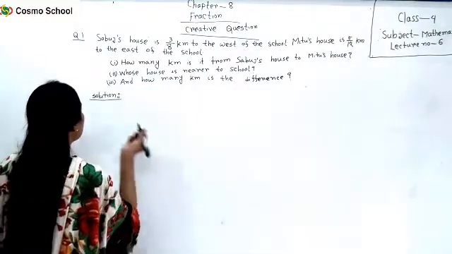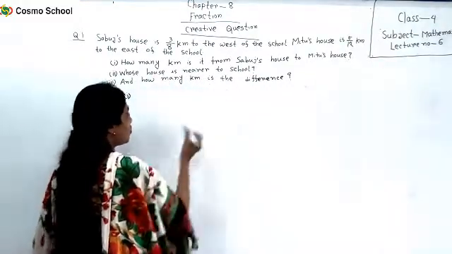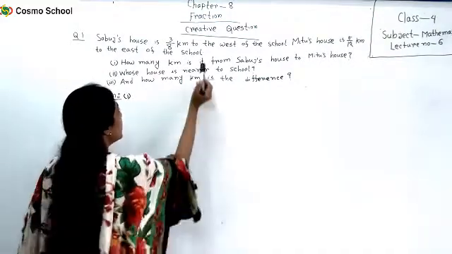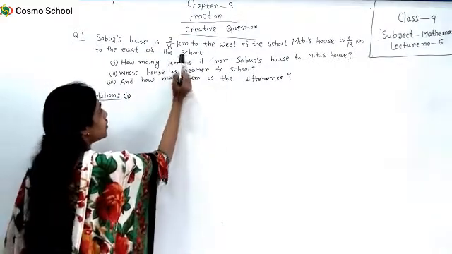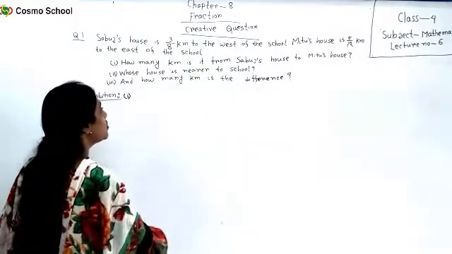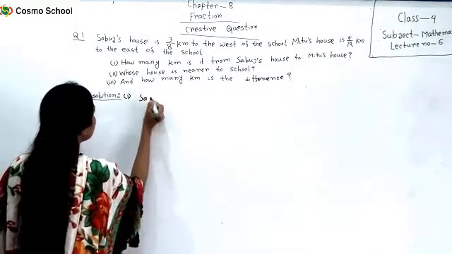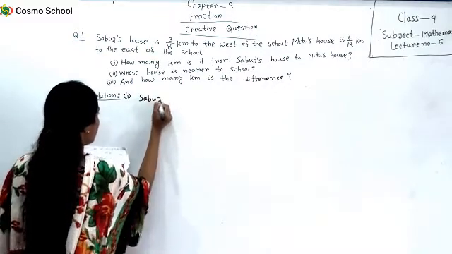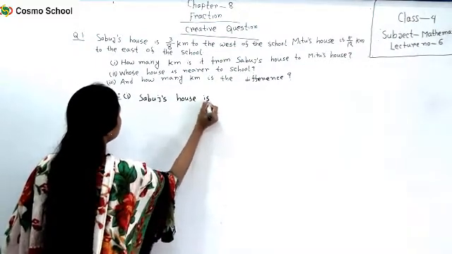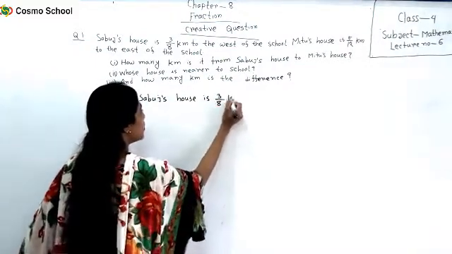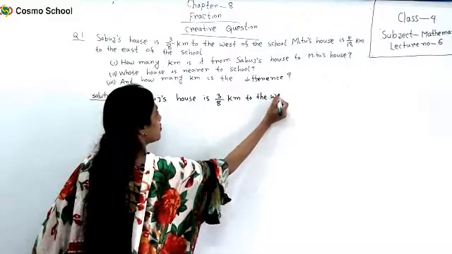Now solution number 1. How many kilometer is it from Shobu's house to Mitu's house? Here it means school. Here Shobu's house is 3 divided by 8 kilometer to the west.